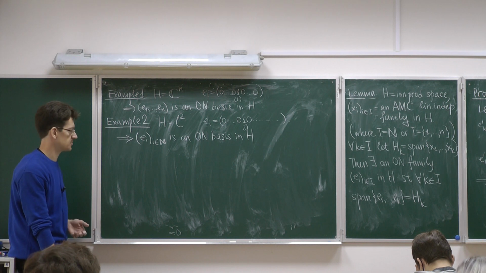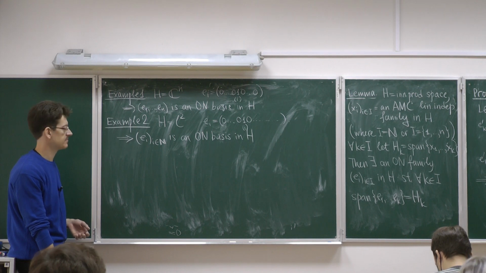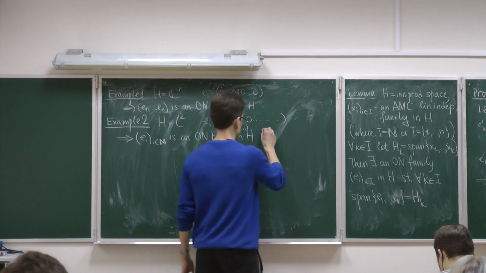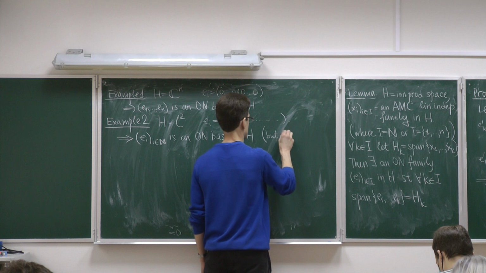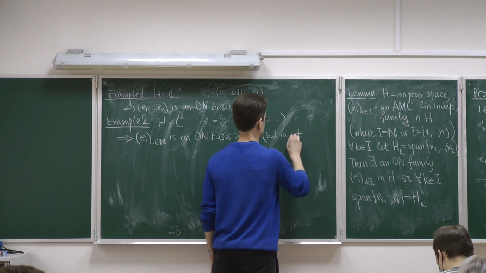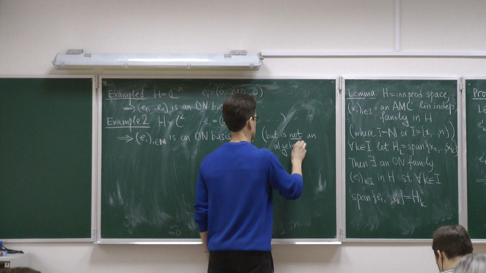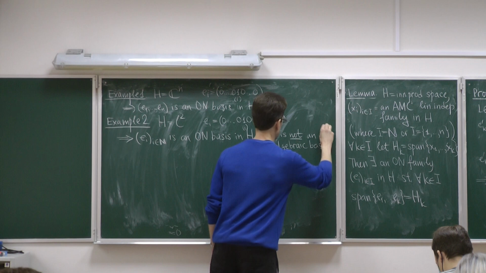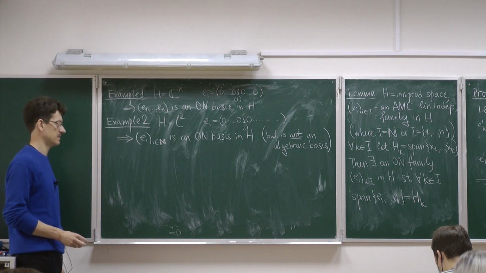And a simple argument shows that this space is dense in l2. So it is an orthonormal basis. But it is essential that this is not an algebraic basis. The linear span of this sequence is strictly smaller than l2.